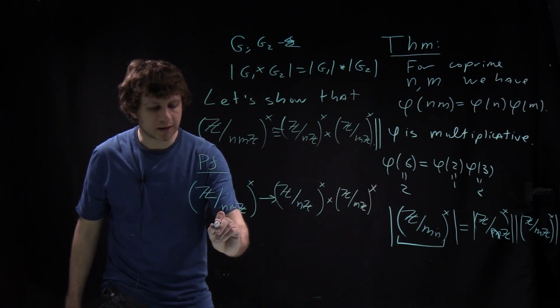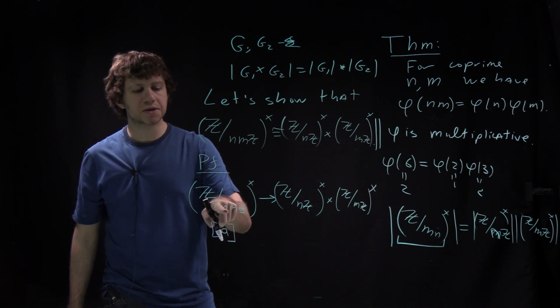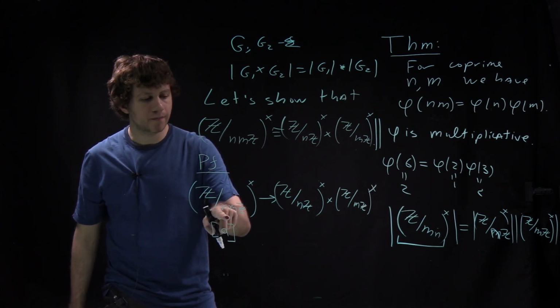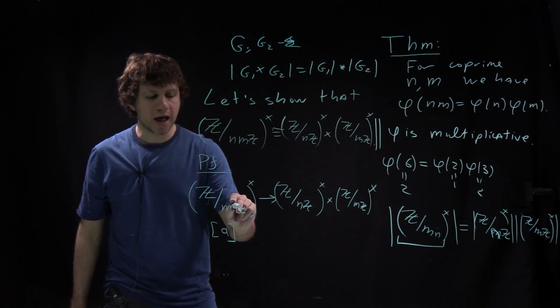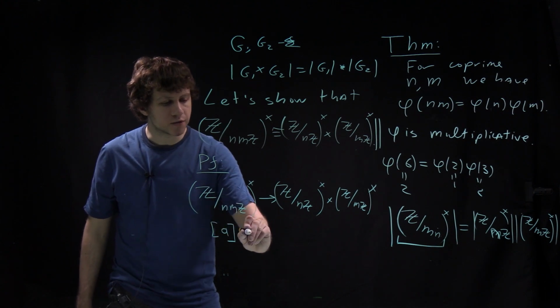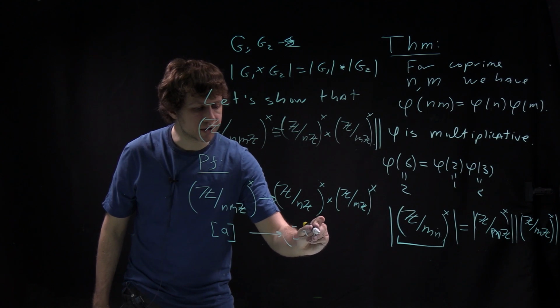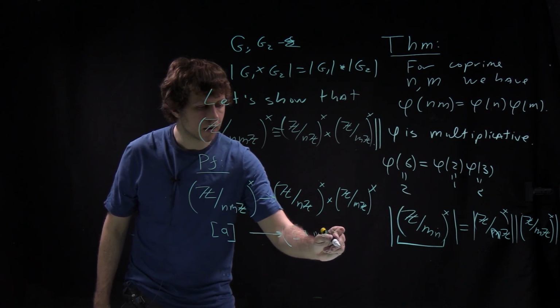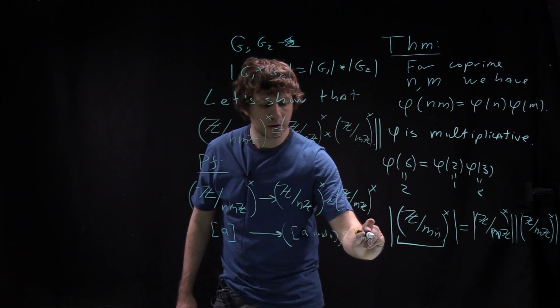I can take my class A, and this is a class modulo nm. So this is a remainder modulo nm, but then of course I can look at it modulo n. So I send it to the pair consisting of A mod n, comma A mod m.